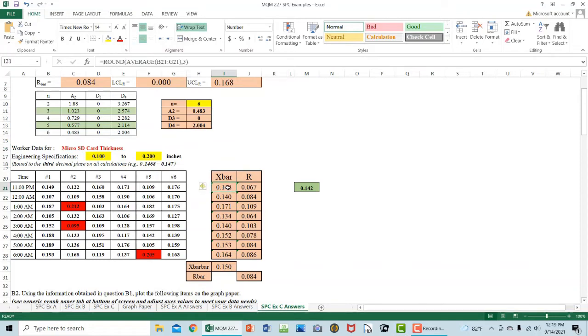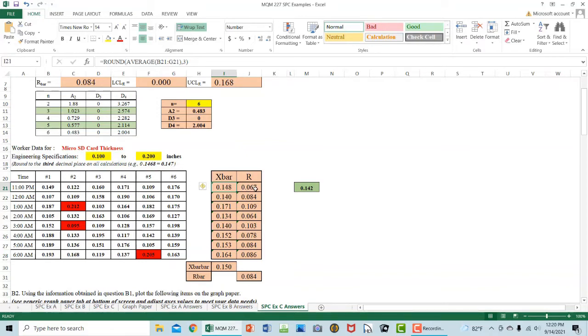Okay, X bar, third time. It's the average of these 6 numbers goes there. The average of these 6 numbers go here, all the way down for your X bar, which is just another name for average. And to find the average, it's adding up the 6 numbers and dividing by 6.